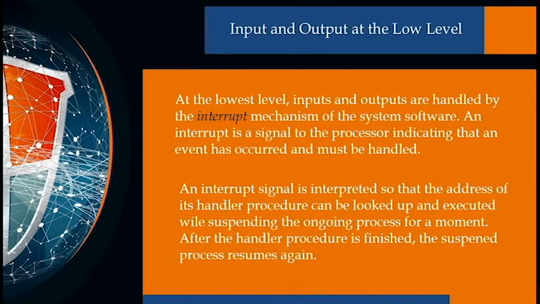So let's proceed with input and output at the low level. At the lowest level, inputs and outputs are handled by the interrupt mechanism of the system software. So what is an interrupt? It is a signal to the processor indicating that an event has occurred and must be handled.